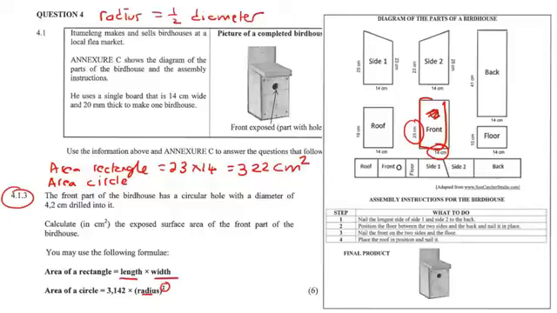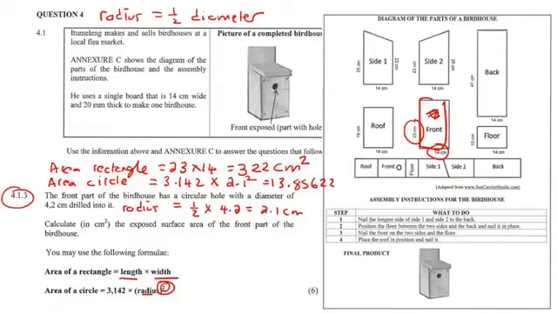So the radius is going to be half of 4.2, which is 2.1 centimeters. So the area of that circle would then be 3.142 multiplied by 2.1 to the power of 2. I'm not going to round off right now, so you're going to get 13.85622 centimeters squared.